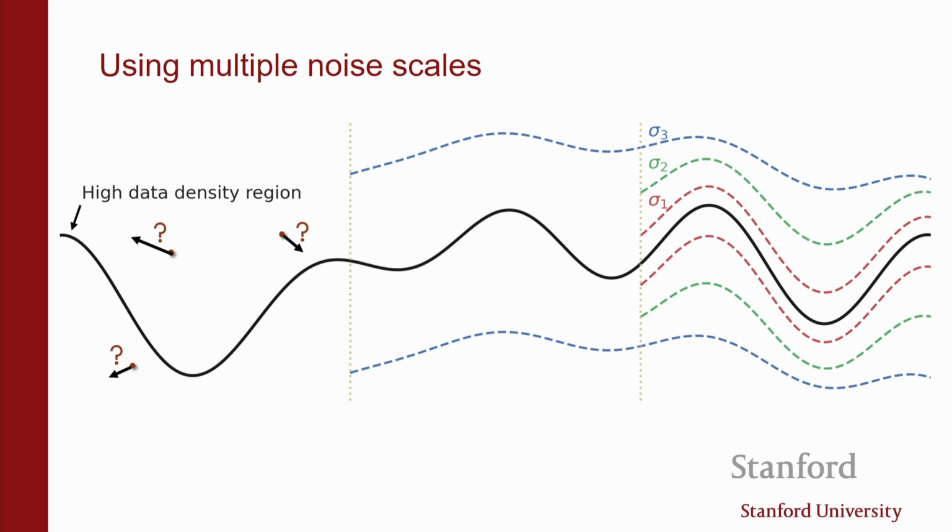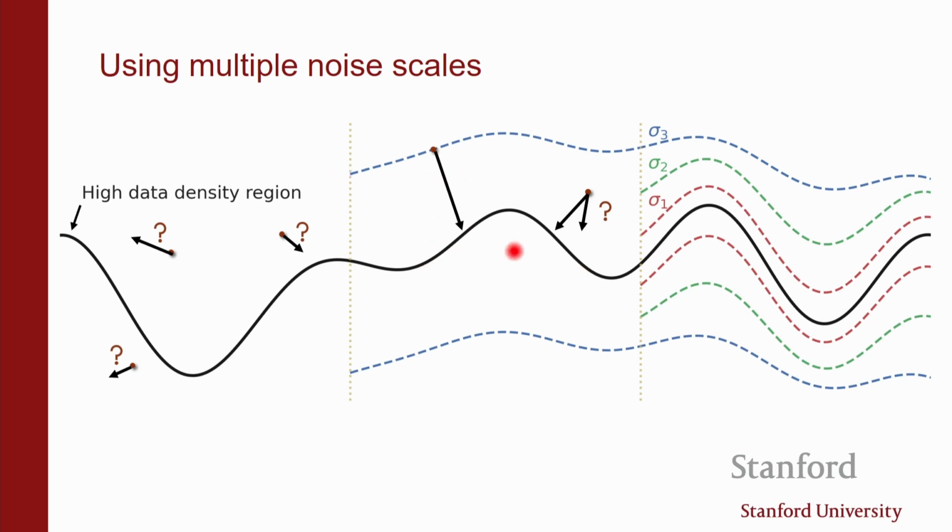Then you can imagine, okay, let's add a lot of noise, sigma 3. Then most of the samples are going to be pretty far away from the black curve. And so we're going to get pretty good directional information when you're far away from a clean sample, but it's going to be inaccurate the moment you get closer to where the real data lies.